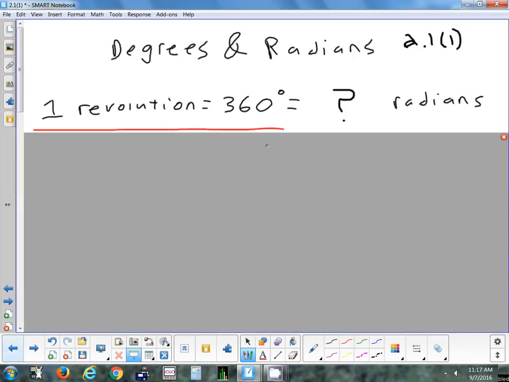So if I can figure out that fact, how many degrees equals how many radians, I can convert between any number of degrees and any number of radians. I just need to know that one fact to start with, and I can do anything I need to.